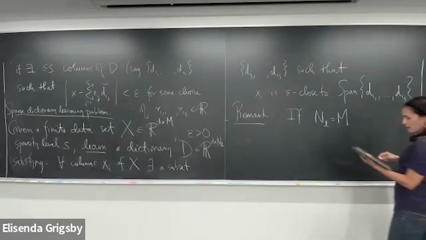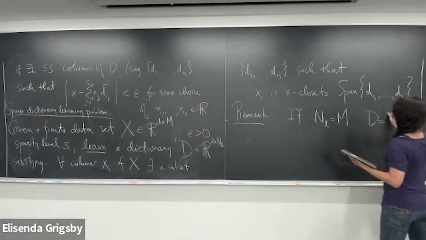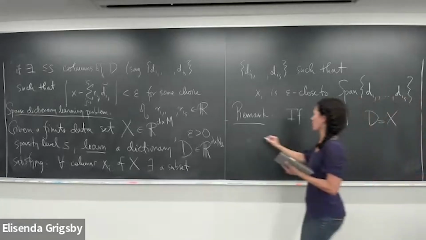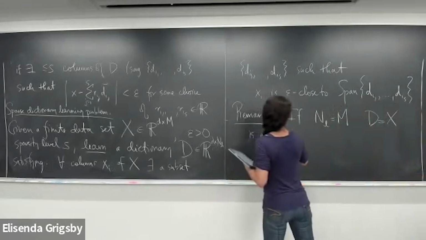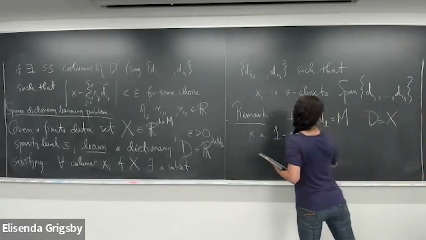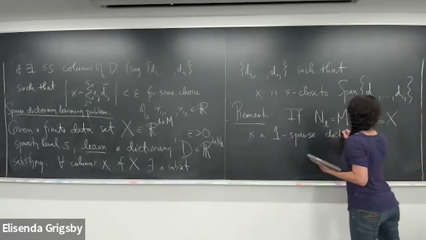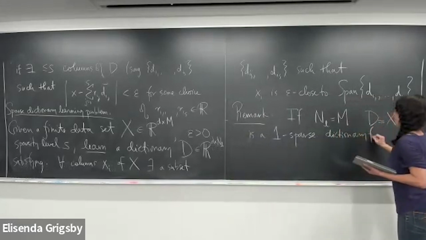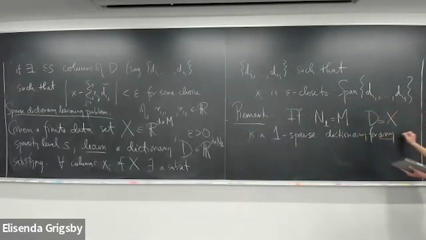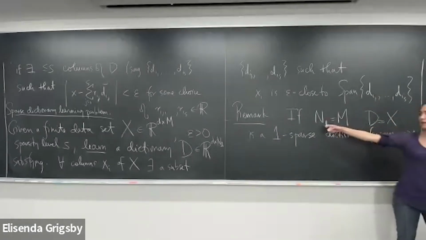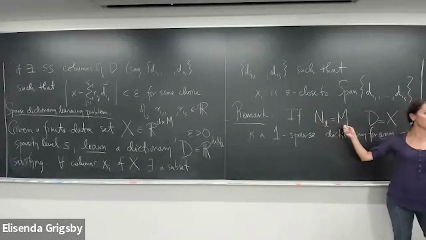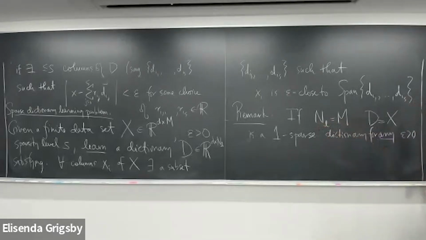So if N_L is equal to M, D equal X is a one-sparse dictionary for any epsilon. This is a boring case. What's more interesting is to make N_L less than M, and then it's an NP-hard problem.